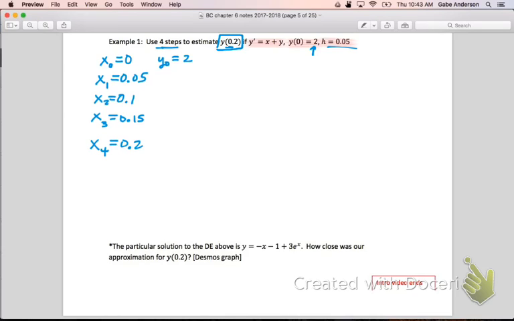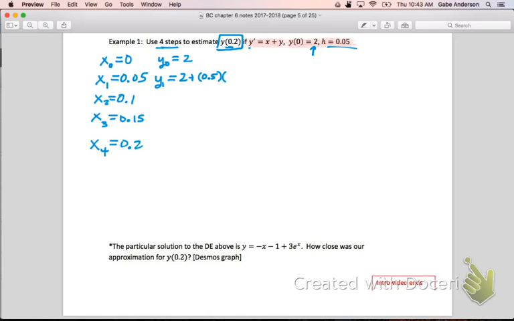Okay, and so then we start into this more challenging cycle here, where y1 is going to be the previous y-coordinate, which is 2, plus the step size times the slope based on the previous point.